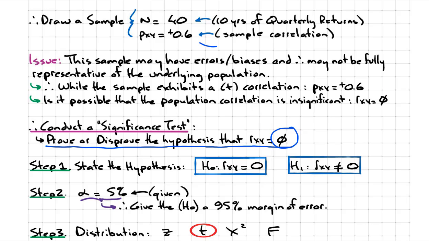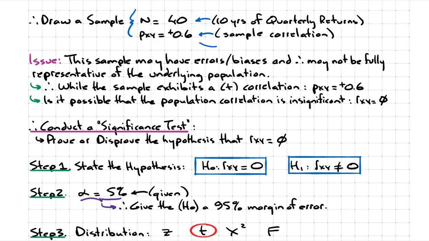If we reach the conclusion that this is possible, then our conclusion would be that the correlation is insignificant because it's 0. On the other hand, if our hypothesis test disproves that, then the conclusion is that the population correlation is significant, because then it wouldn't be 0.